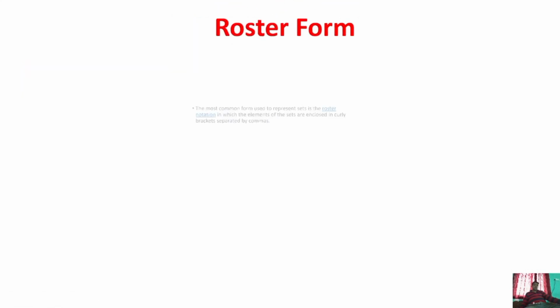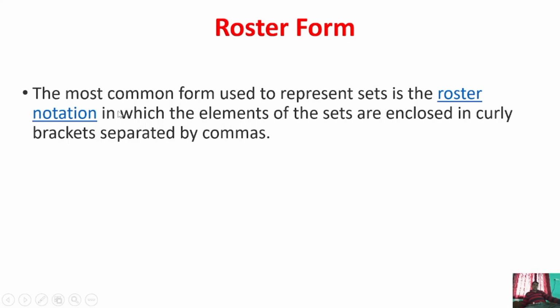So what is roster form? It is the most common form used to represent a set, in which the elements of the set are enclosed in curly brackets and separated by commas. You have to write all the elements distinctly and clearly, separated by commas, and enclosed within curly brackets.